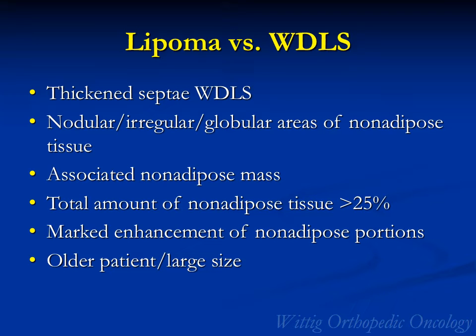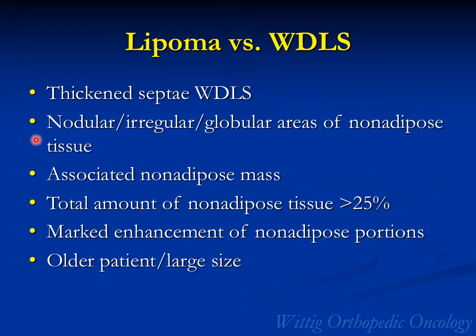How do you tell the difference between a lipoma versus a well-differentiated liposarcoma on an MRI? Truth be told, you can't really tell 100% unless it's removed, biopsied and analyzed histologically. However, thickened septae on an MRI are more suggestive of a well-differentiated liposarcoma. Nodular, irregular globular areas of non-adipose tissue are again more suggestive.